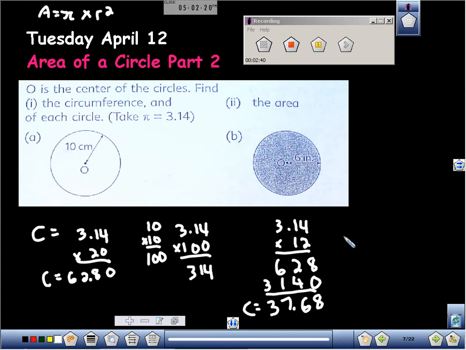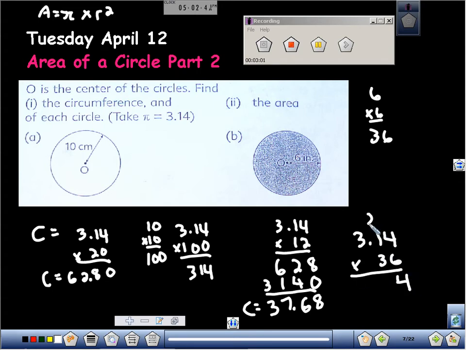But then we got to do our area. Area is pi times radius squared. So our radius is 6. 6 squared would be 6 times 6, which is 36. So we go 3.14 times 36. 6 times 4, 24. Carry the 2. 6 times 1 is 6, 7, 8. 6 times 3 is 18.